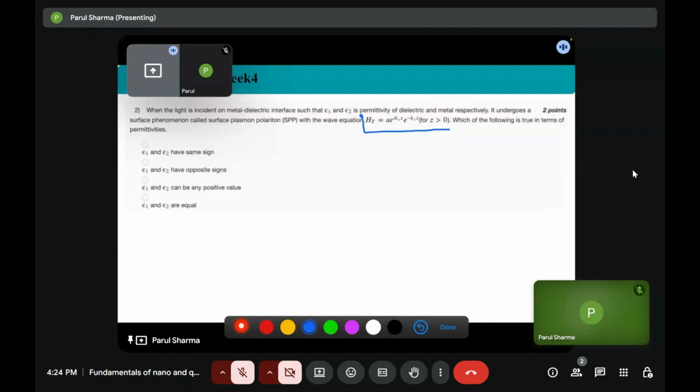It is saying that it is a surface plasmon. We know that a surface plasmon polariton, SPP, exists at the metal-dielectric interface.